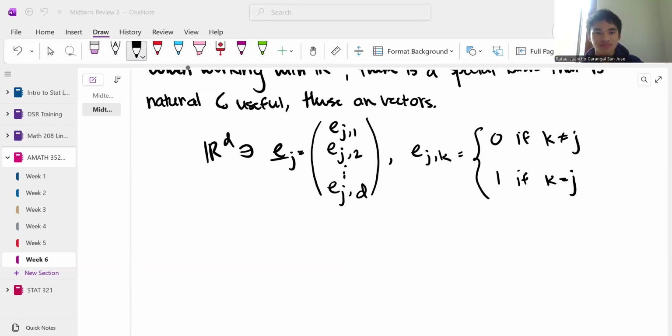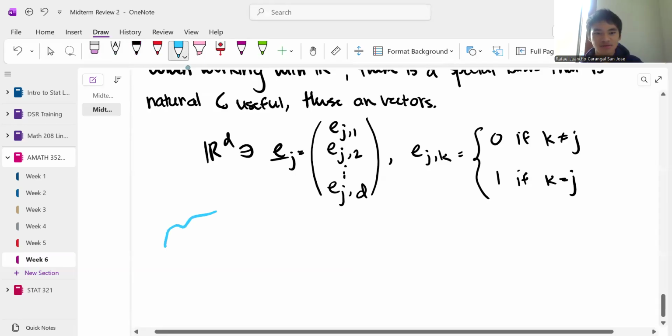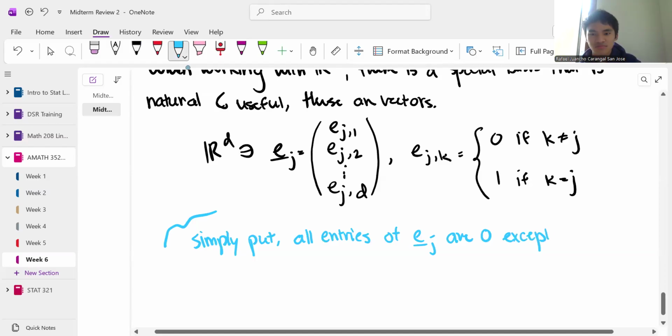So there's a nice way to say this. The professor put this, so I'm going to put it here. Simply put, all entries of e sub j are 0, except the jth entry.